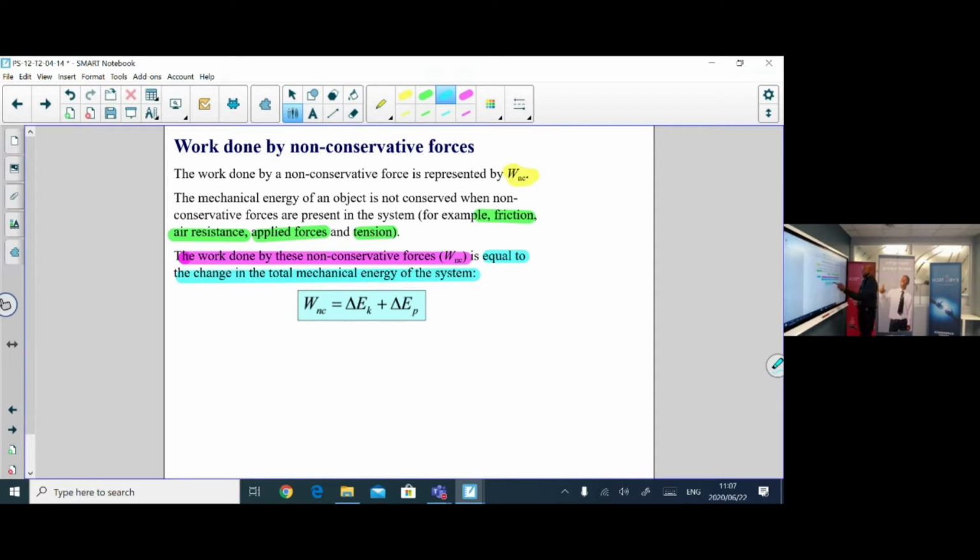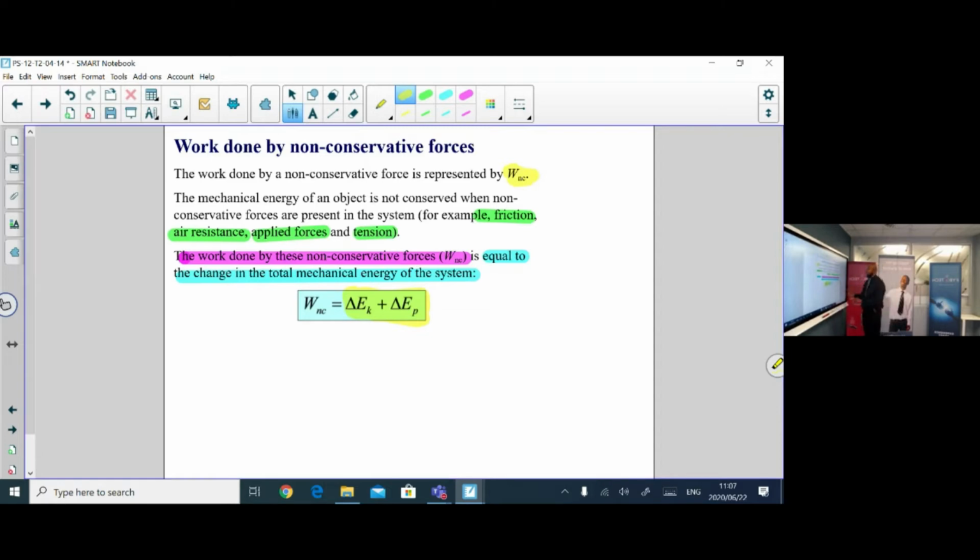In other words, these two here, let me show you. This is mechanical energy. Mechanical energy is the sum of kinetic and potential. Kinetic and potential.